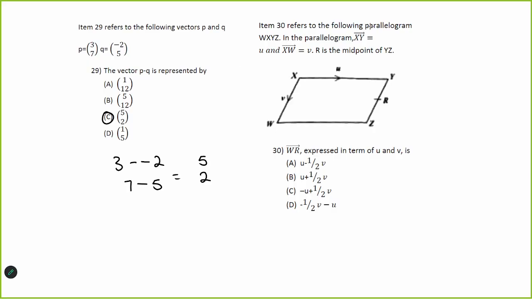Item 30 refers to a question we did already. I believe the answer is A, but let's check it out. They want WR.